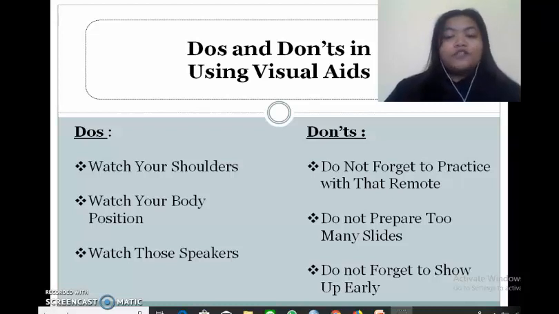And the last one is do not forget to show up early. Most professional speakers know to show up early. Many speakers include a clause about showing up early in their contracts. The rule of thumb seems to be 60 minutes early.